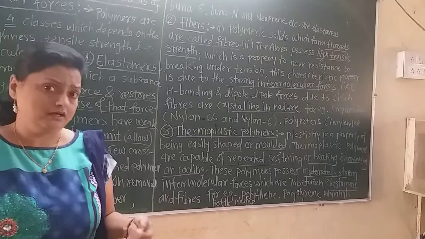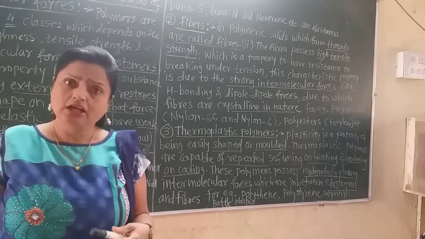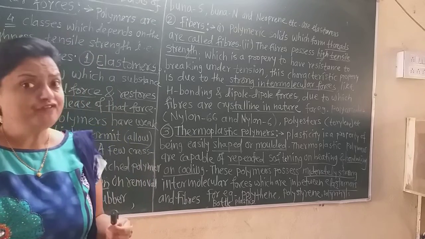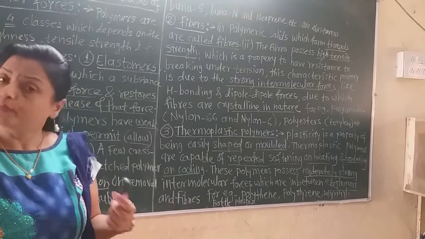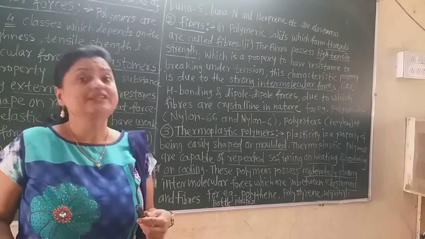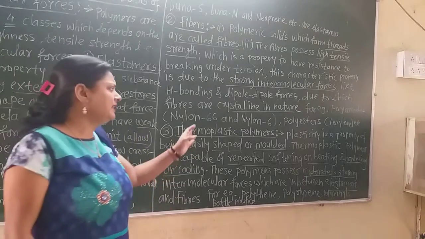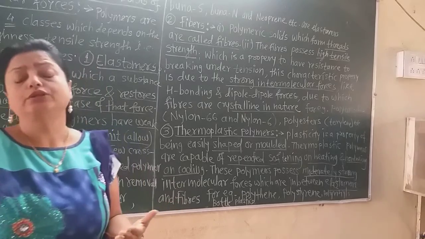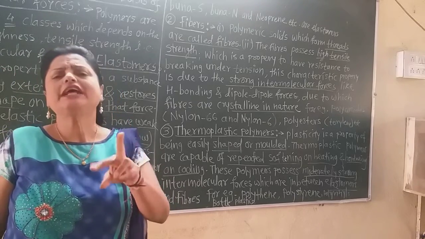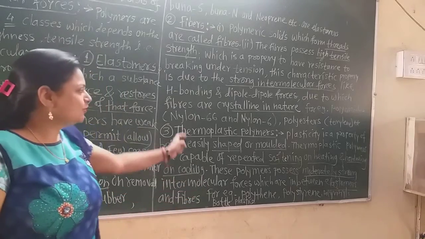In the last lecture, yesterday, I told you about nylon 6 from epsilon caprolactam, the monomer from which nylon 6 is formed, and the name nylon 6 is due to the 6 carbon atoms present in the monomer. Similarly, nylon 66 has its name because there are two types of monomers, and in both there are 6 carbon atoms. So the name is nylon 66.